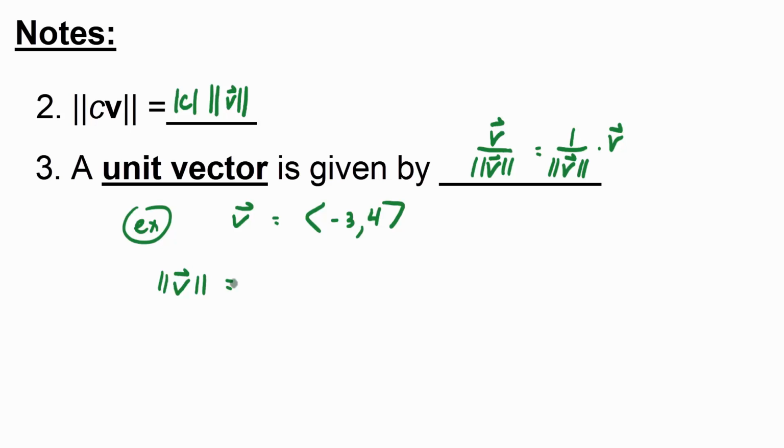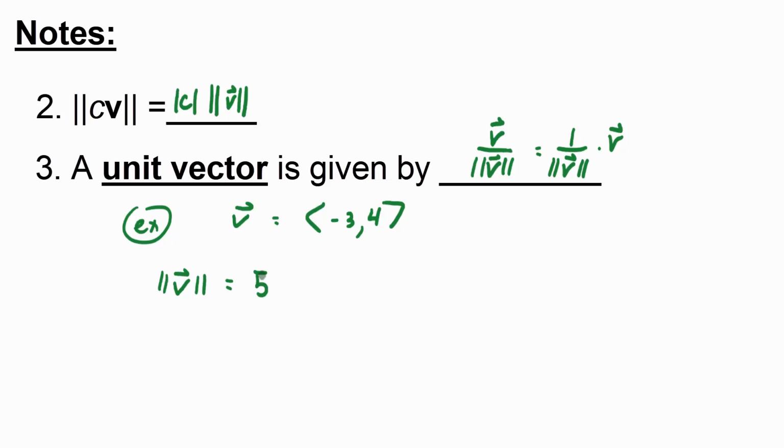It's 5, right? When the absolute values of the components are 3 and 4, the magnitude of the vector is going to be 5 every time, because when you draw the picture, it forms a 3, 4, 5 triangle. So you could use the formula or just realize you have a 3, 4, 5 triangle, and the magnitude of v is 5.